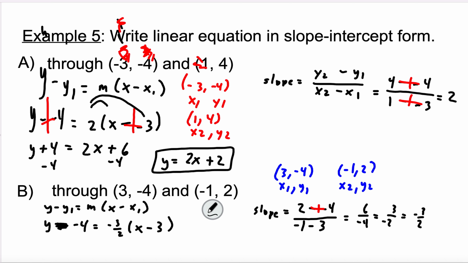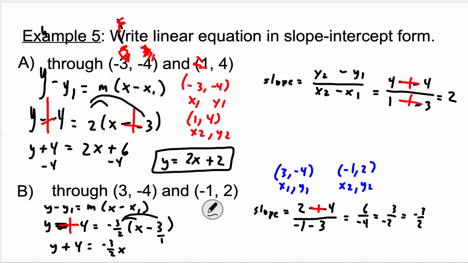All right, we've got this minus a minus going on over here, so let's make that a nice plus. And then we're going to use our distributive property and distribute that -3/2 through. So we have y plus 4 equals -3/2 times x there is a -3/2 x. -3/2 times a -3 there.